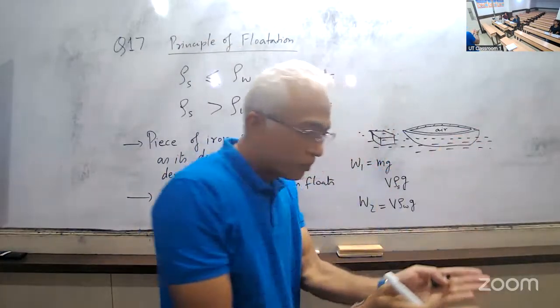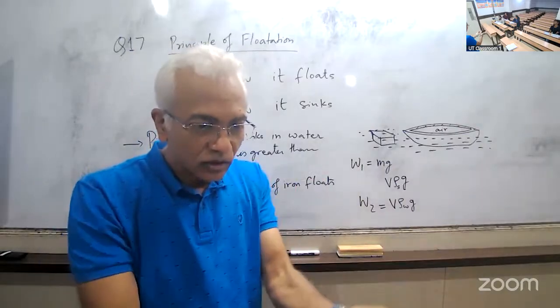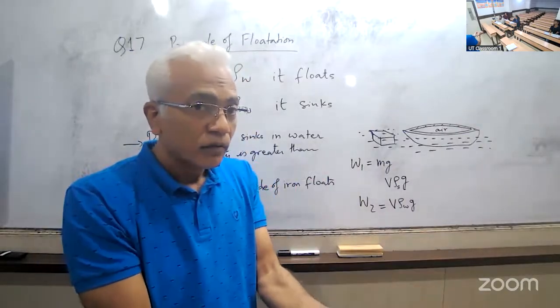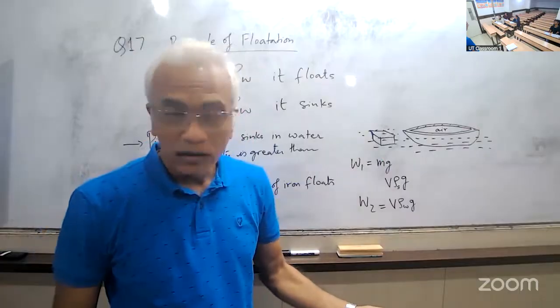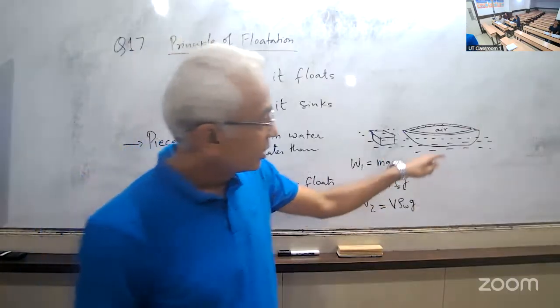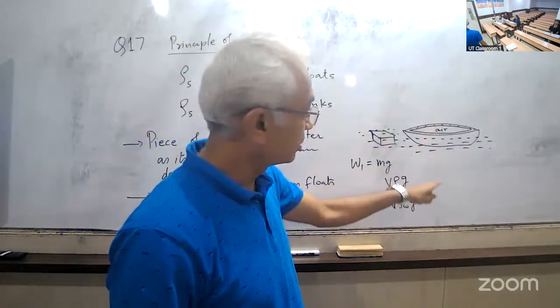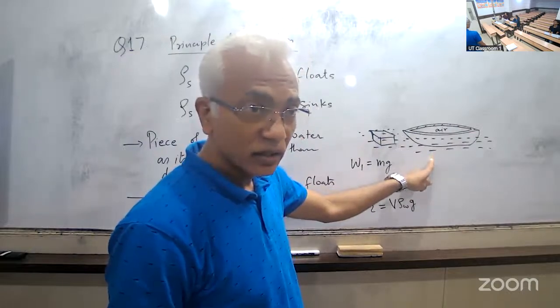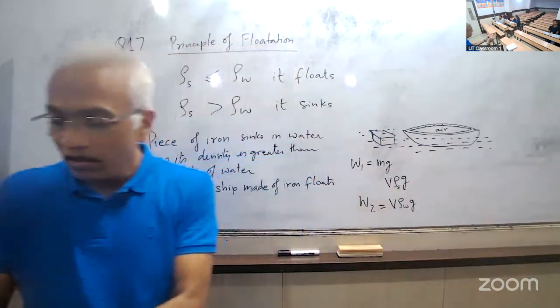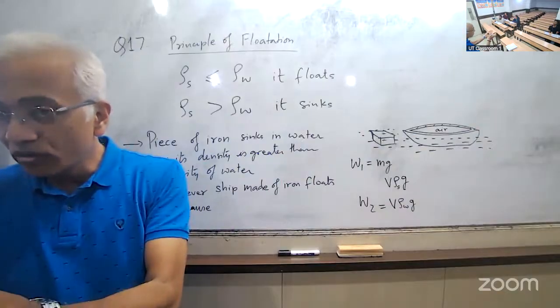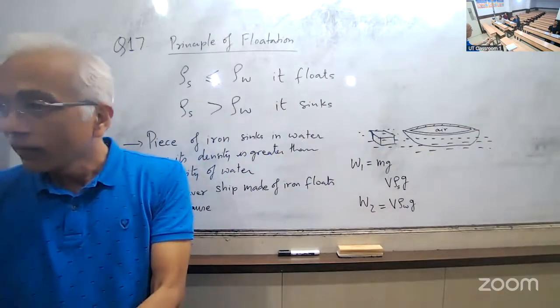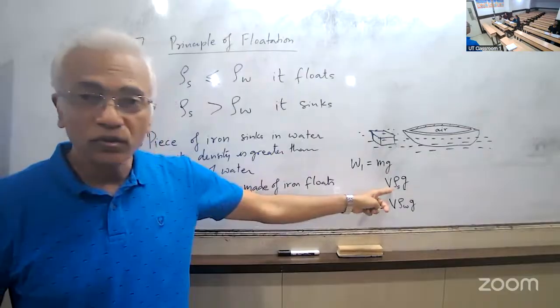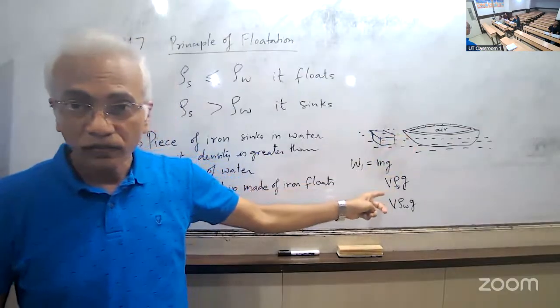The ship portion which is inside the water is a bigger volume. Full water will be replaced. And in the hollow portion, it is not metal, it is air only. So the average density of the portion of the ship which is inside is not the density of the substance only, it is the density of air also.